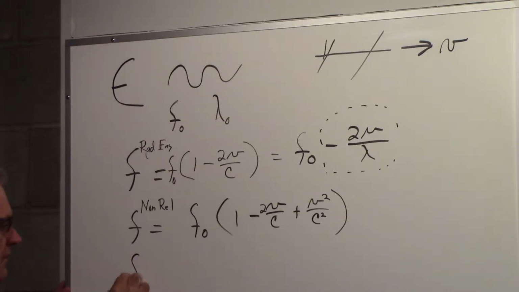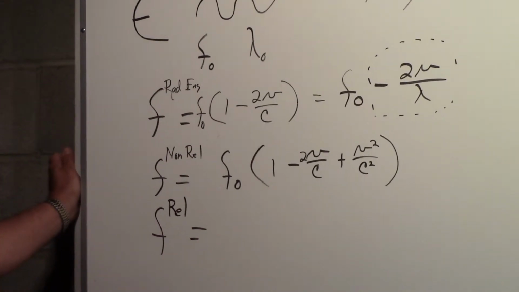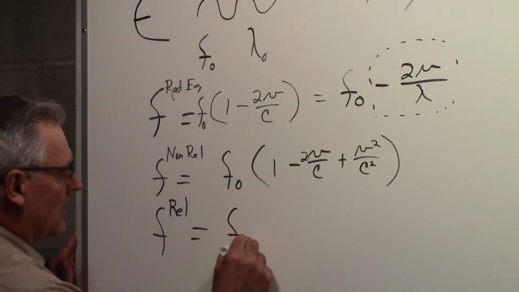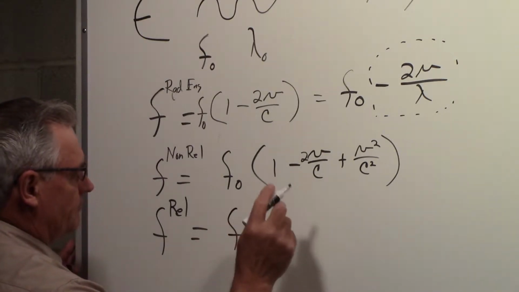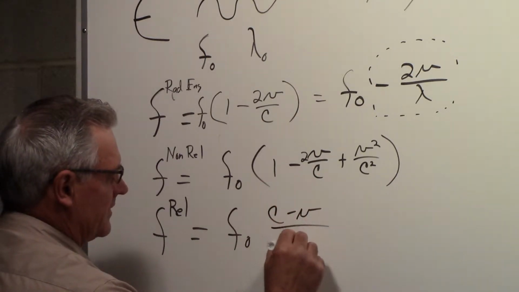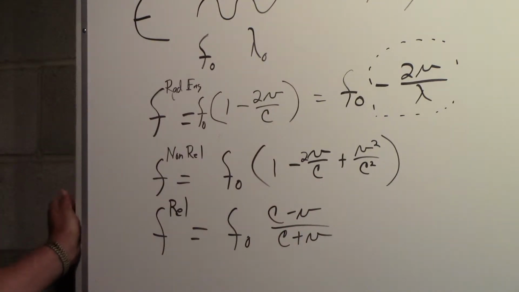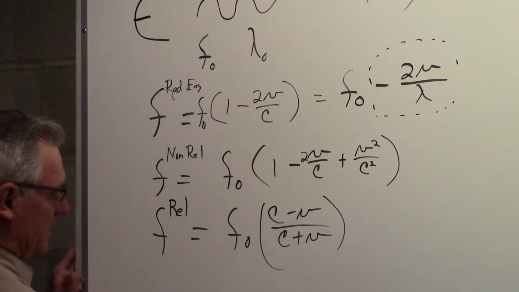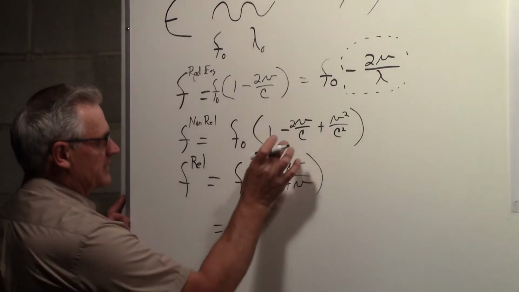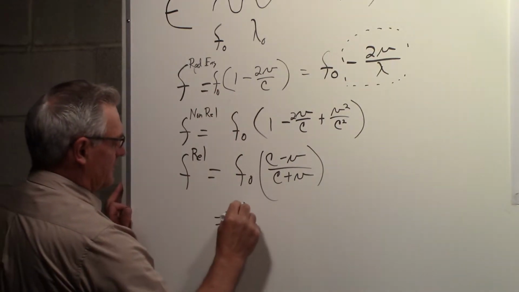The relativistic case was still f0 times the square root of c minus v over c plus v. And what we did was this division to expand it out so we could see how the terms in the relativistic case compared with the others.